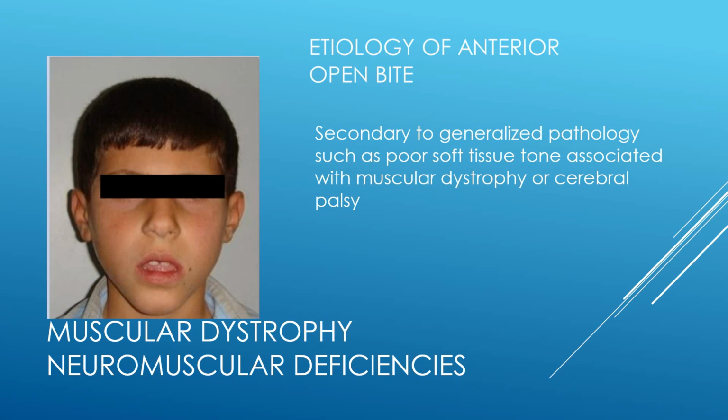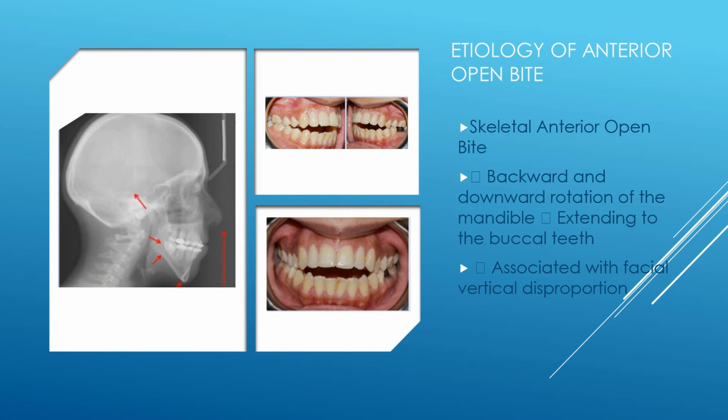Then it could be secondary to generalized pathologies, such as poor soft tissue tone associated with muscular dystrophy or cerebral palsy, and it could be skeletal.